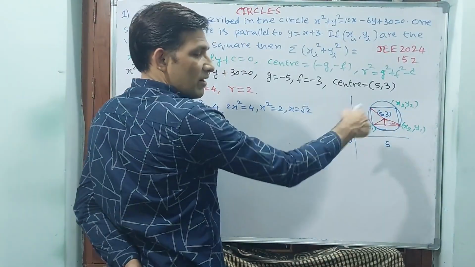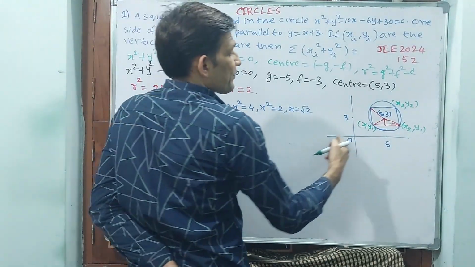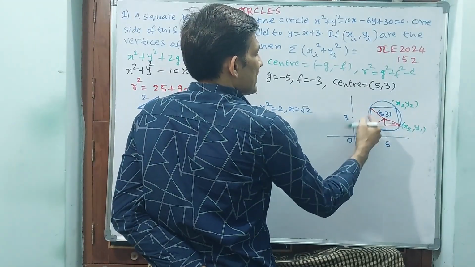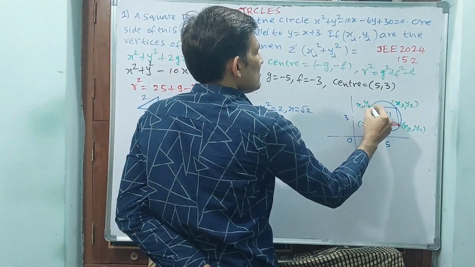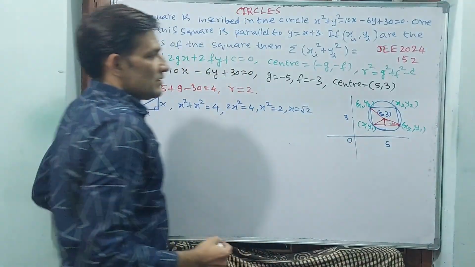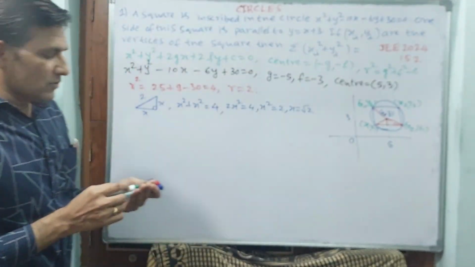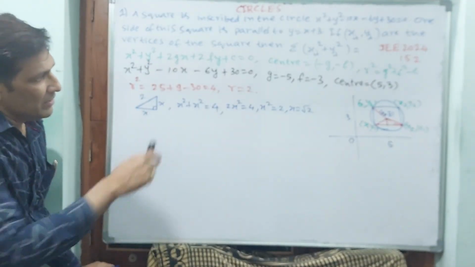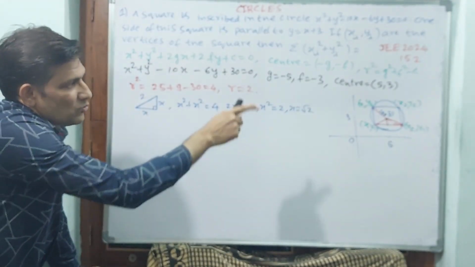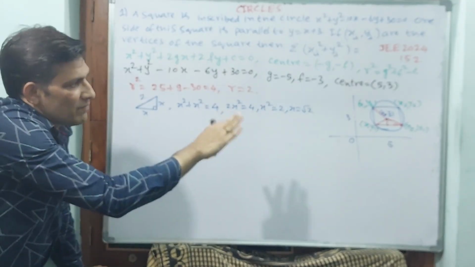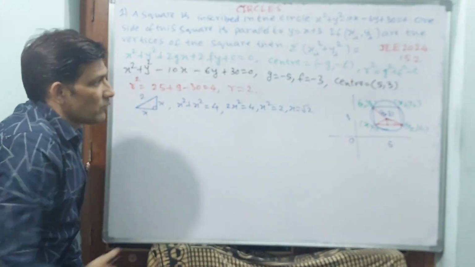All vertices I am writing. Observe carefully. Here y only is changing, but x is not changing, so (x1, y2). That is why they have given xi, yi whole square. For all four, you have to do x1, x1, x2, x2 square and y1, y1, y2, y2 square. That means 4 times you have to do.